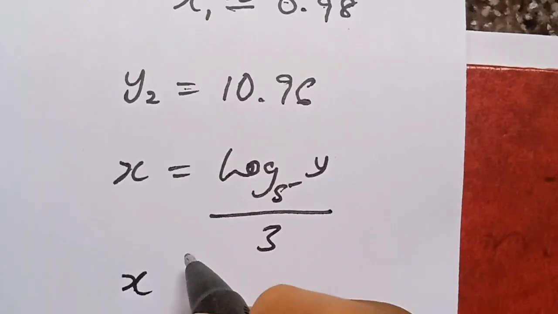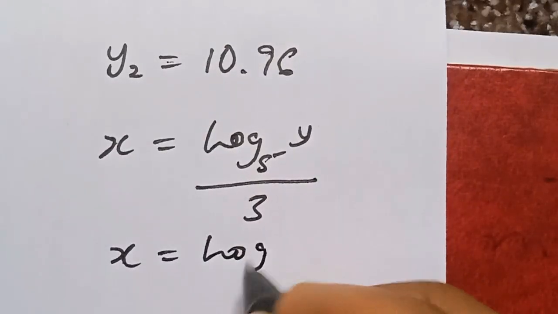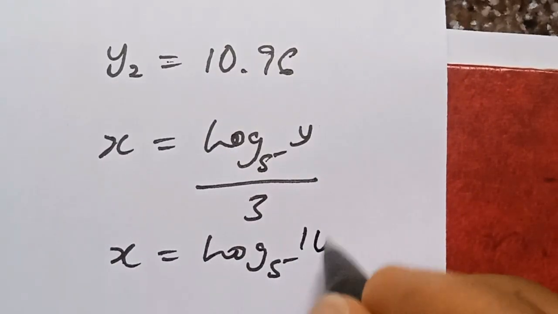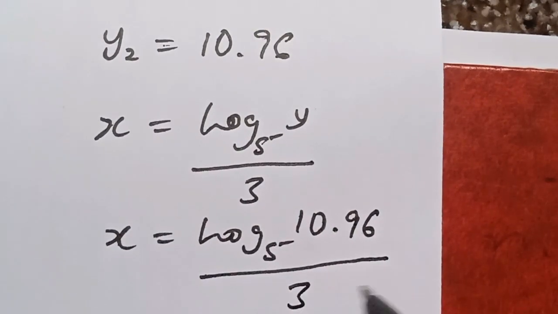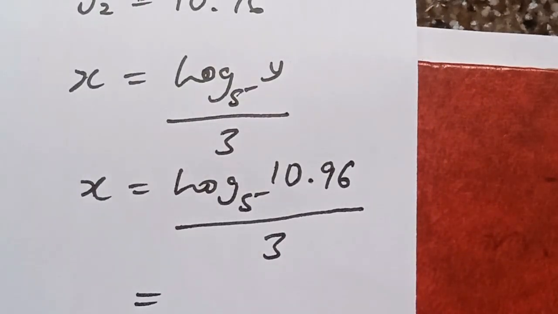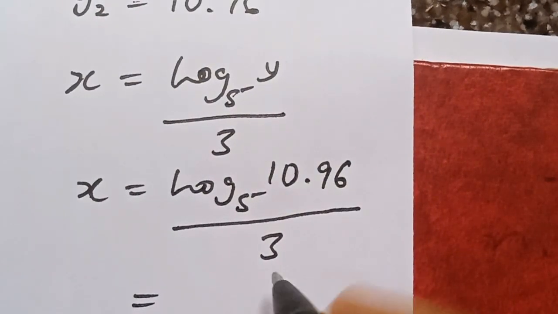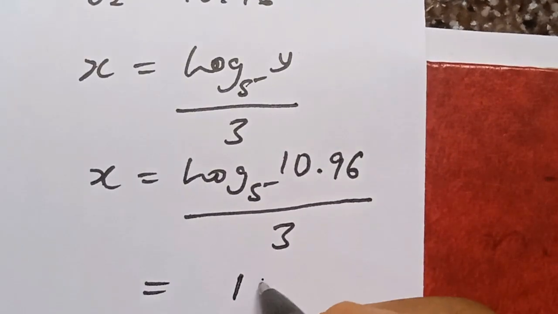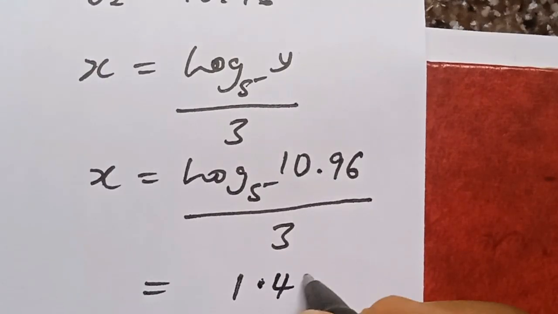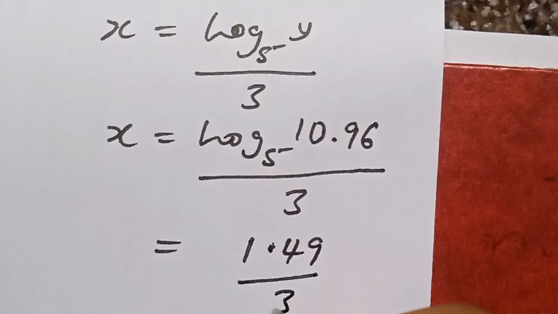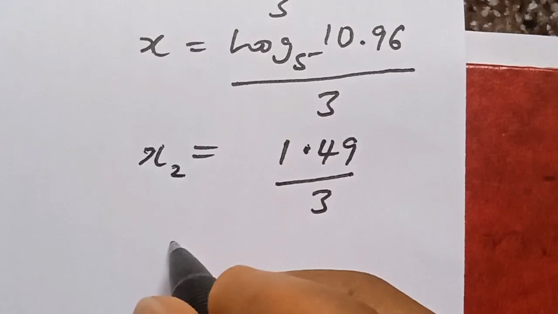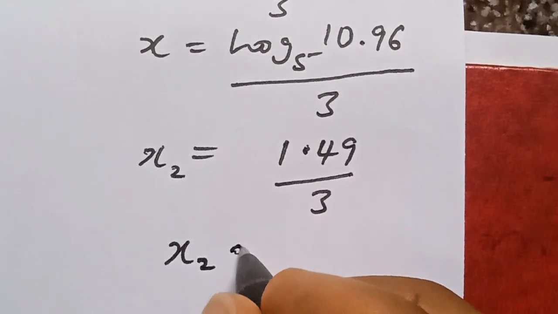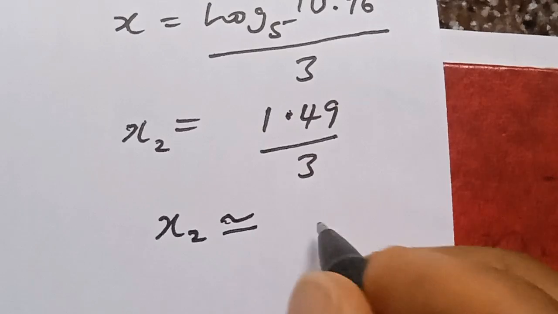This can be written as log base 5 of 10.96, everything over 3. If we resolve this with our calculator, the numerator is 1.49 divided by 3. This will be x2, and our x2 will be approximately 0.50.